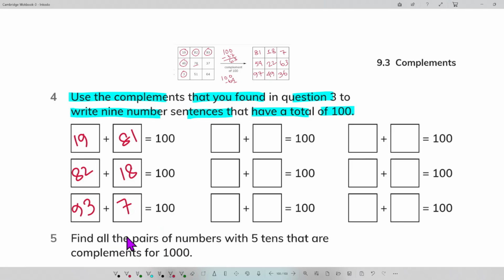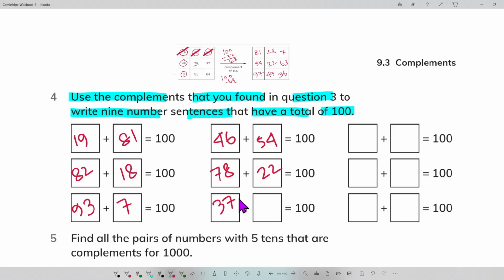Now 19, this one done, 82 done, 93 done, and here is 46. So 46, it should be 54. Then 78, here is 22.